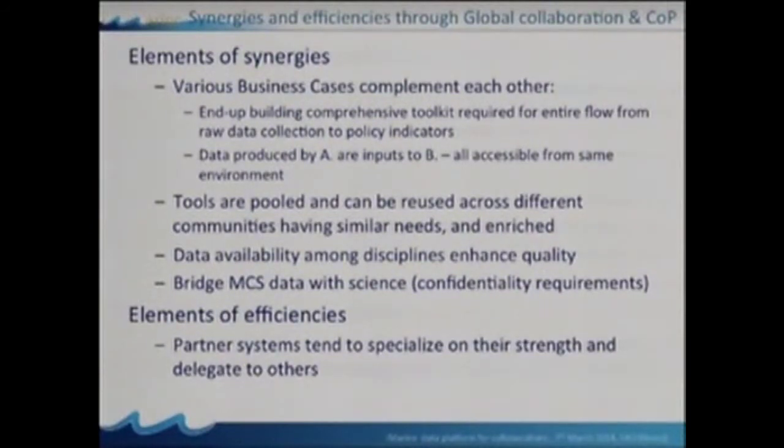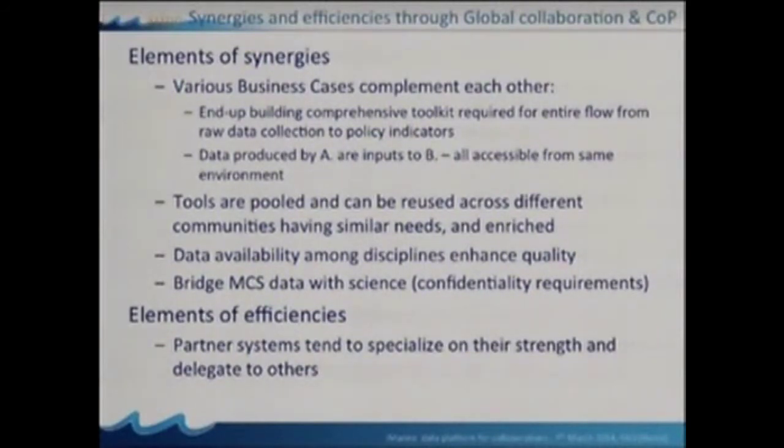Also, the tools that the different community partners have developed or have expertise for are brought together in the same context and can be reused across communities having similar needs. And they can be further enriched. The data availability among disciplines enhance the quality of the data owned by each actor.